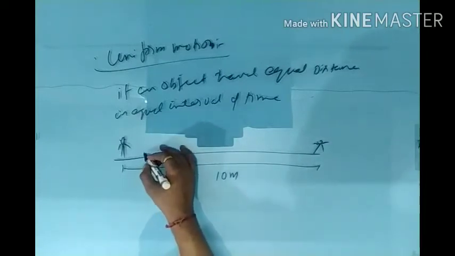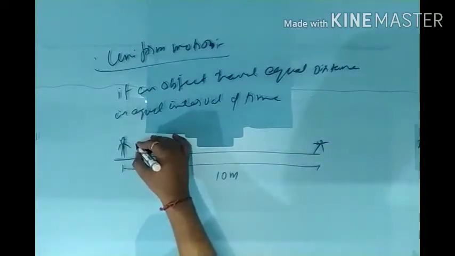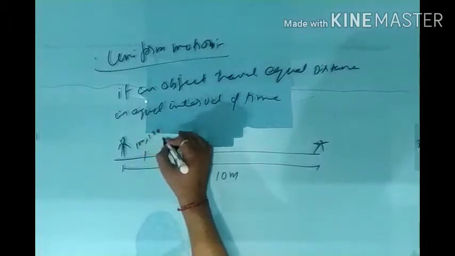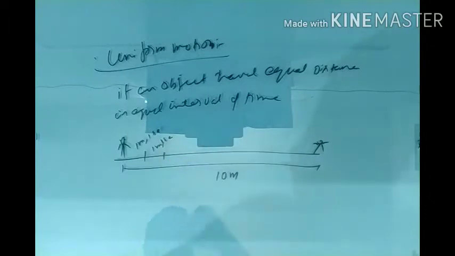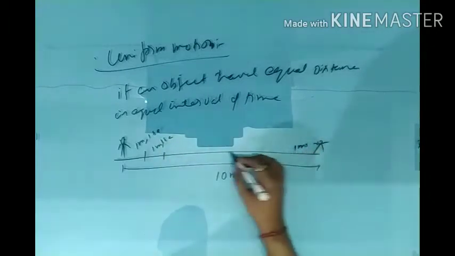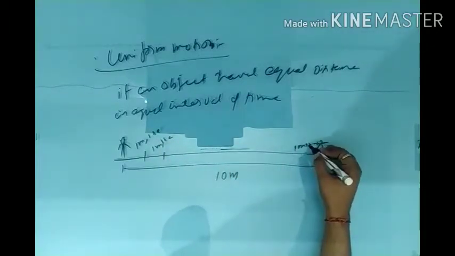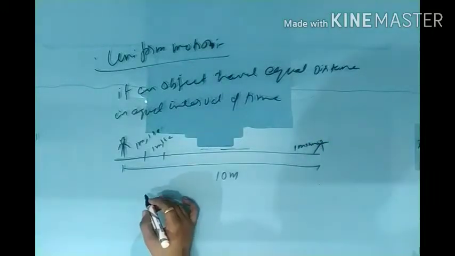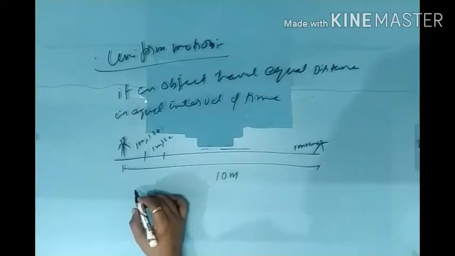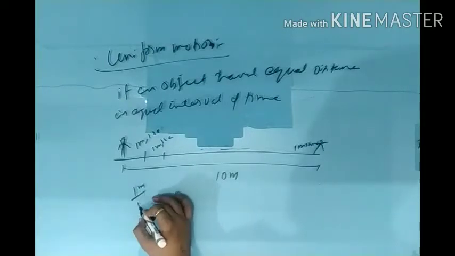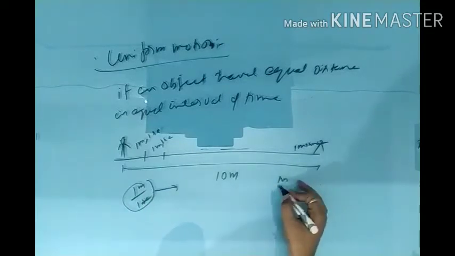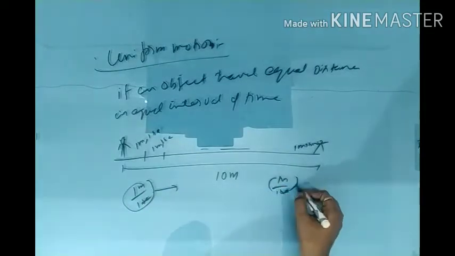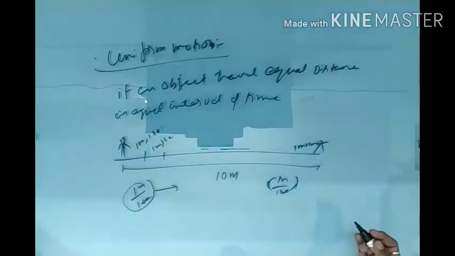Now he is traveling with a constant speed, which means 1 meter in 1 second, the next 1 meter again in 1 second, and the last 1 meter in 1 second. If we check the motion of the person, that is uniform motion. It means 1 meter in 1 second. Its ratio initially and finally remains the same or constant. So it is called uniform motion.